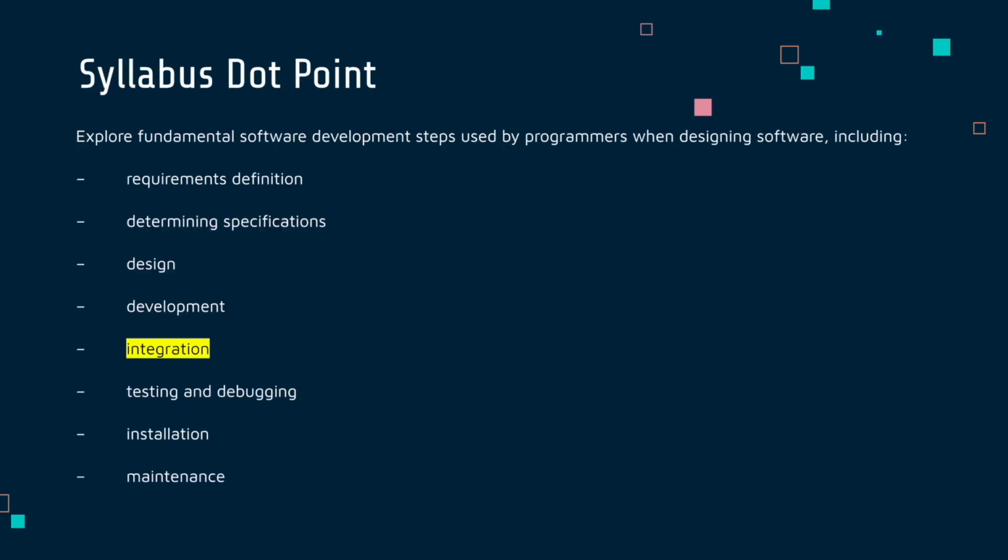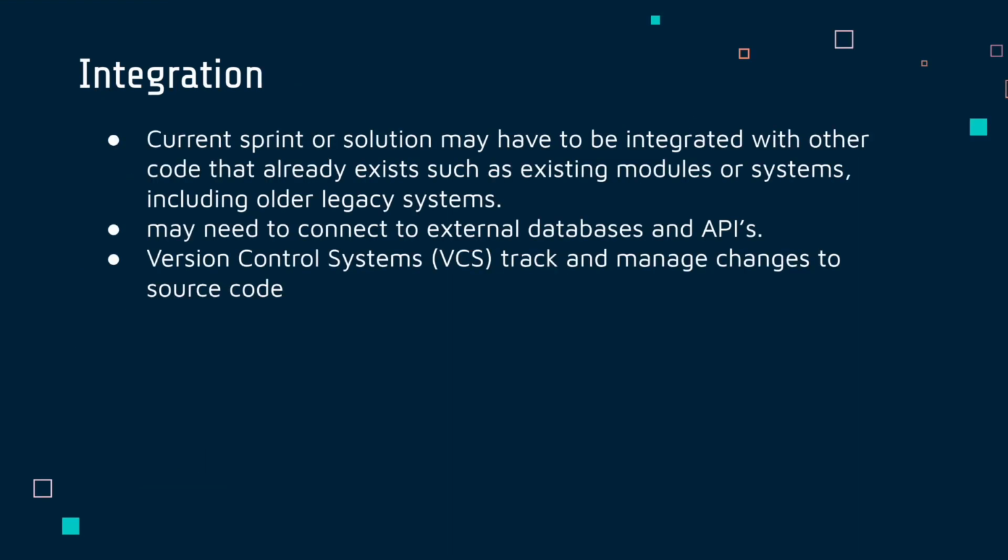Okay guys, the fifth stage of the software development cycle is integration. So once the dev has gone on and actually coded the design into whatever programming language, the code needs to be integrated. If that is in an agile environment, the current sprint may have to be integrated with other sprints that have already gone live.